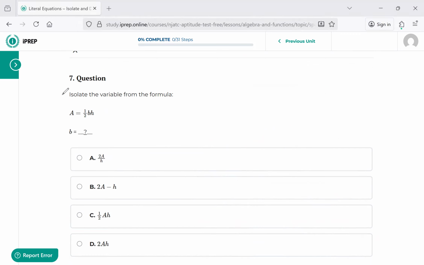Okay, question 7, solve for small b. We have a equals 1/2 times small b times small h. So I could put a little dot to represent multiplication. I don't have to put it all squished.